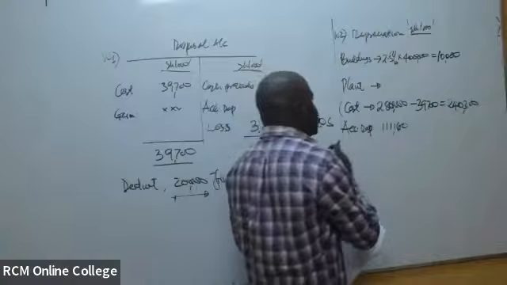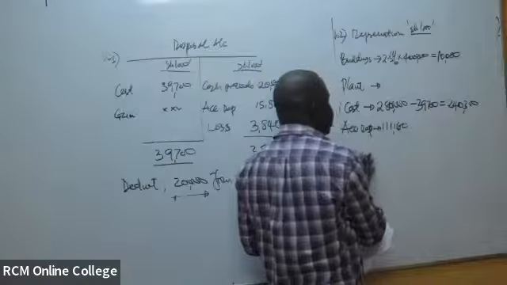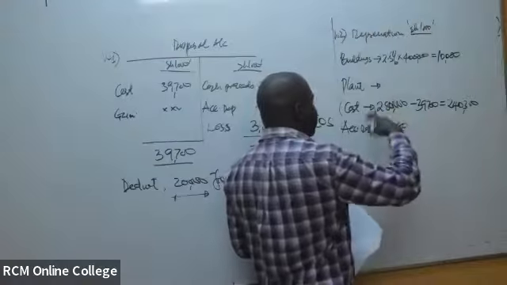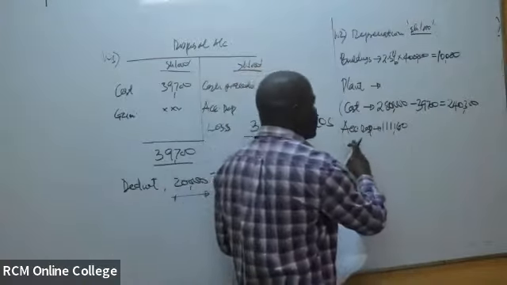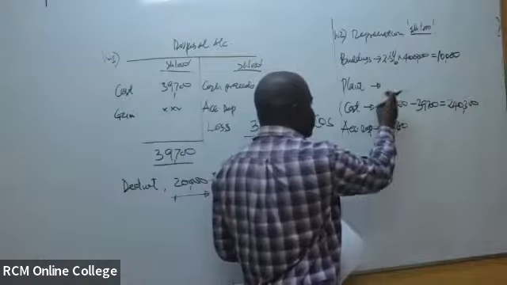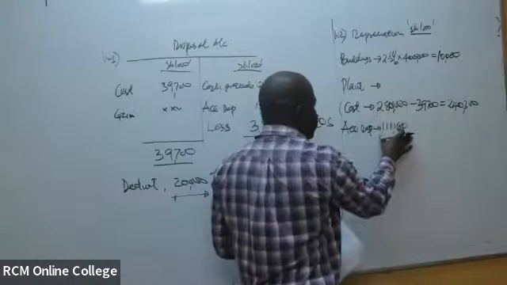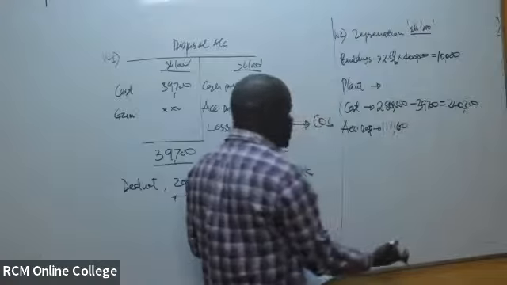Then, because it is a reducing balance, you have to get the difference. You get the cost, you minus the accumulated depreciation, for you to apply the percentage of depreciation. So as per the TB, on these items, the accumulated depreciation is how much? 111,160,000 so far.